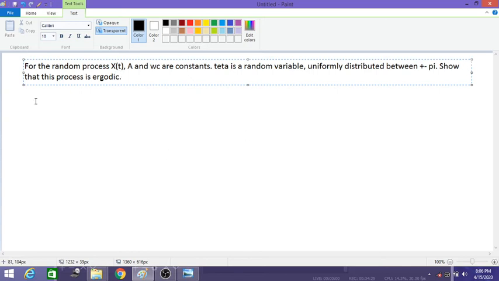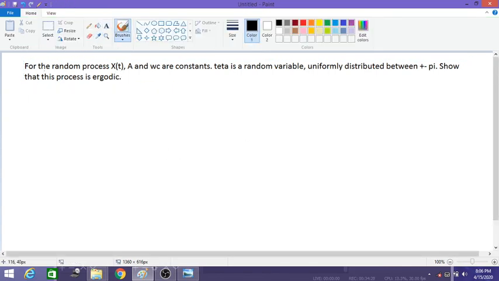So let me define the x of t here. The same x of t which we have taken for the multiplication addition example, we are taking the same thing. So x of t is equal to a cos of omega c t plus theta. I'll take the same thing here.